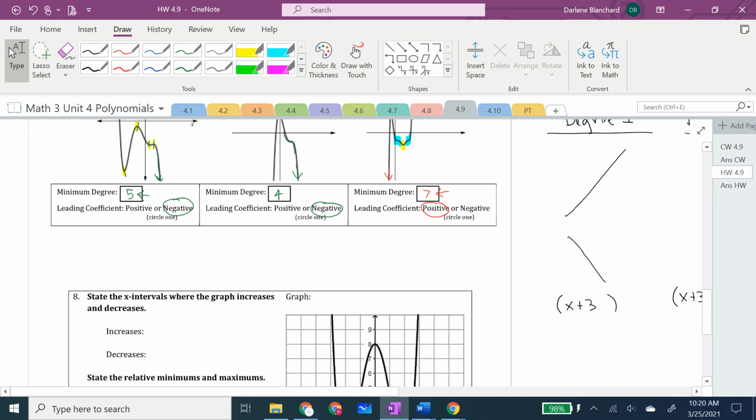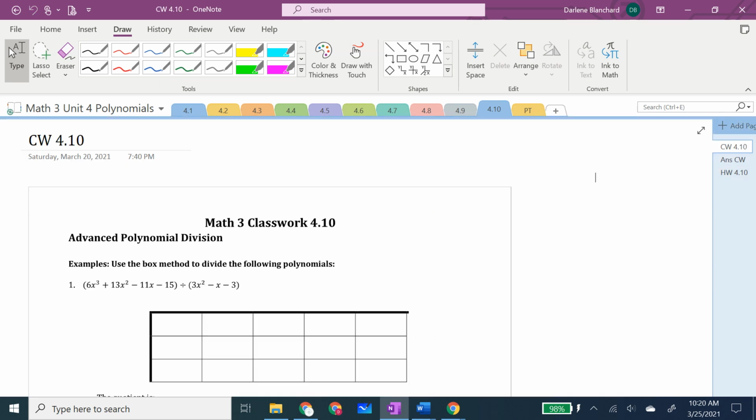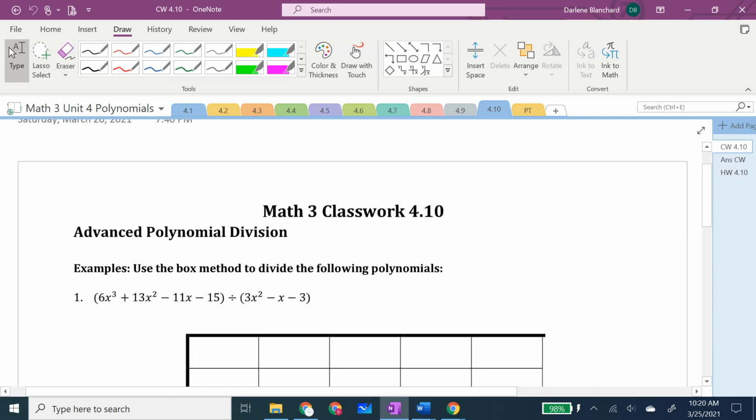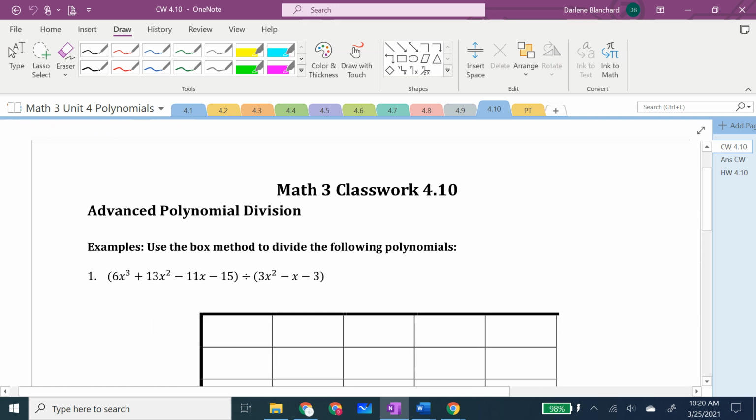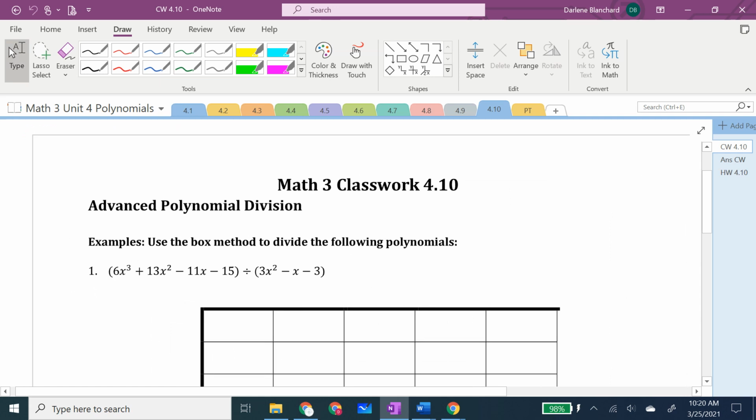Okay, we are moving on to a last classwork, the last classwork of dealing with polynomials. And I want to remind you that I'm going to do a little bit of statistics just to clean up before we go to spring break. That way you come back from spring break and we can restart. We're going to start with rational functions, which are looking at a polynomial divided by a polynomial.